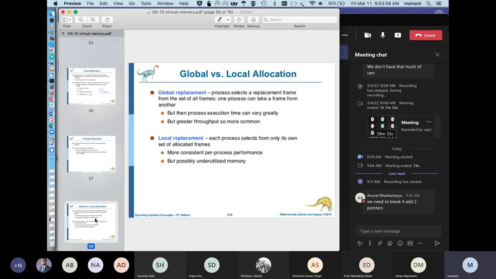That's what's seen in the real world. So global replacement works better, with higher throughput. You have a stash of frames, meaning a big set of frames irrespective of processes, and whenever a process requires a frame, you just take one frame from that stash and give it to the process. That is the global replacement that is generally used.